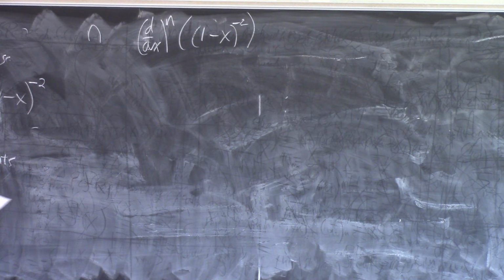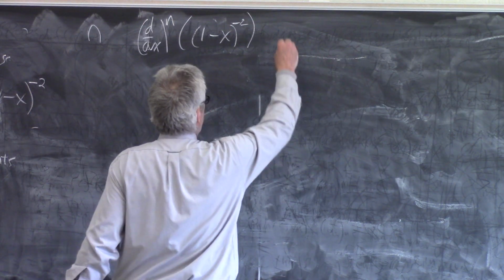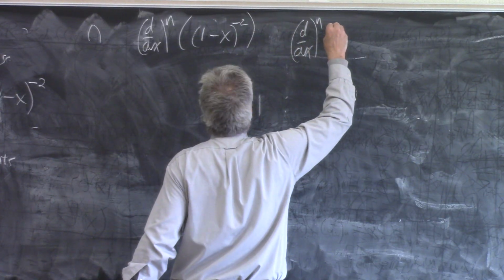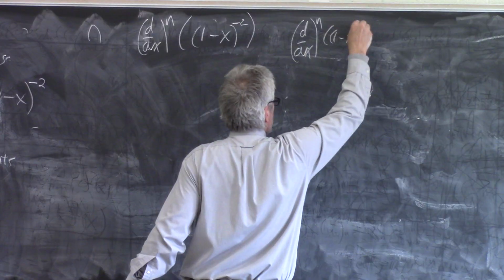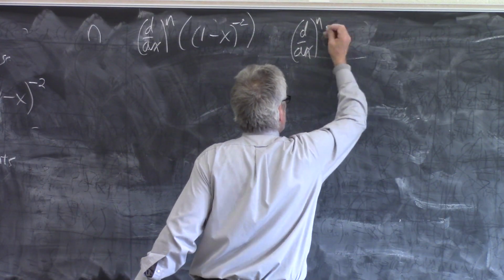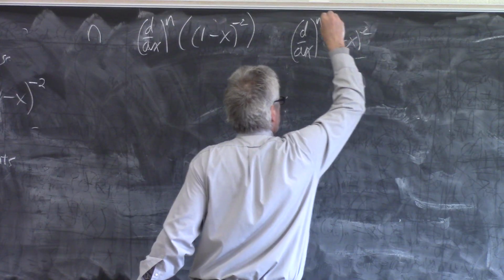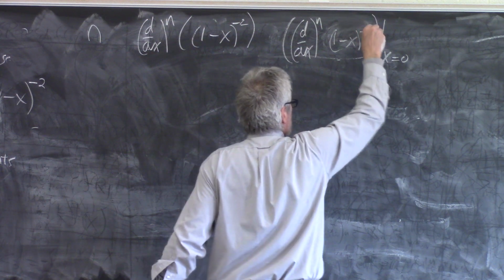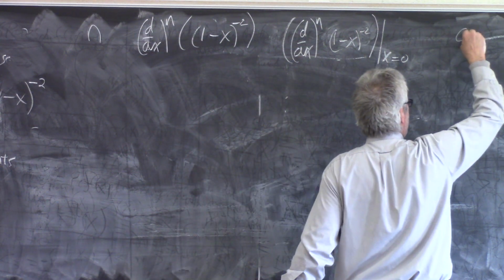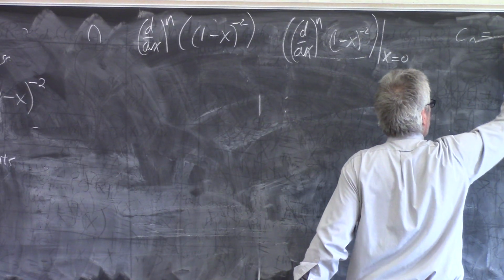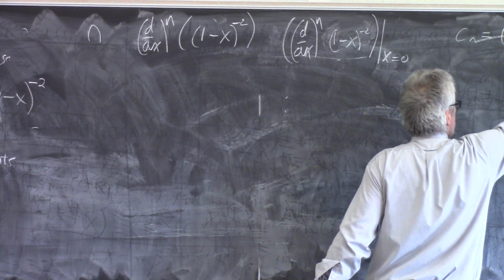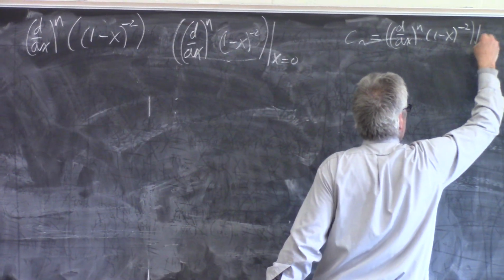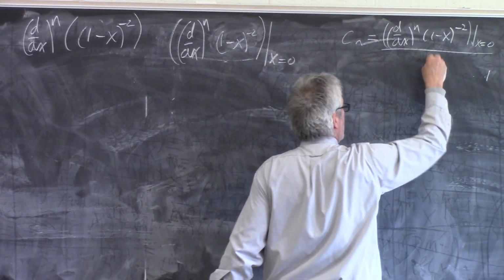And then I need to have the nth derivative of that thing evaluated at x equals 0. And then finally I need to build my coefficient. Cn is going to be that thing, the nth derivative evaluated at x equals 0, and then divided by n factorial.